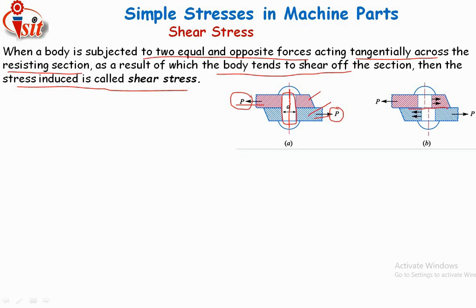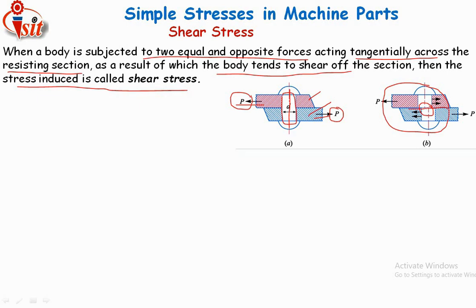Now this rivet, due to this force, came to this side. This rivet, due to this force, came to this side. This is the resisting section, that is the shearing section. The stress induced due to this kind of mechanism is known as the shear stress. As we have seen already in the last lecture, the basic definition of stress is the resistance per unit area to the applied load.